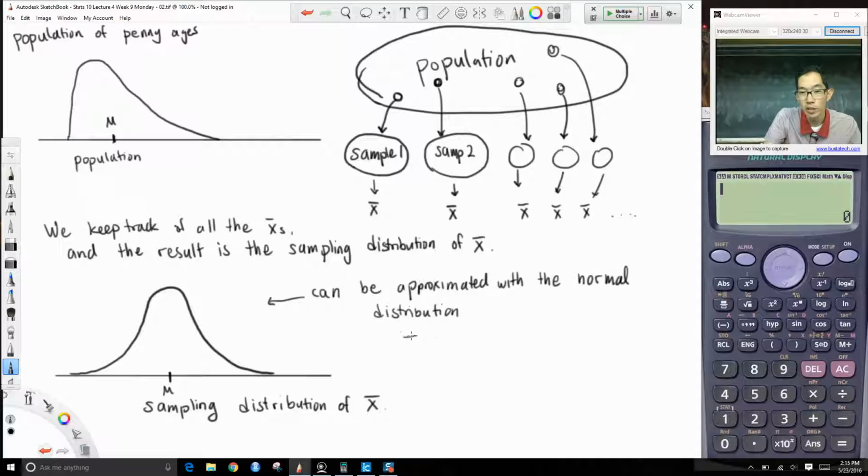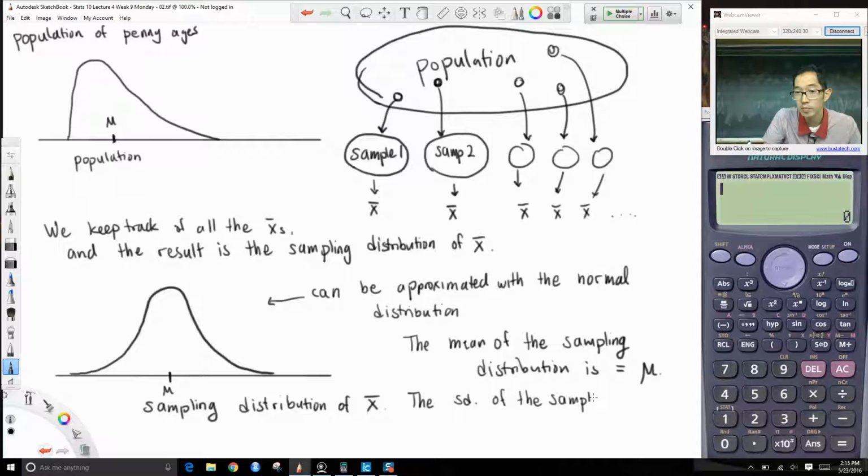So the mean of the sampling distribution is equal to mu, which is our population mean, and the standard deviation of the sampling distribution is equal to sigma over the square root of n.